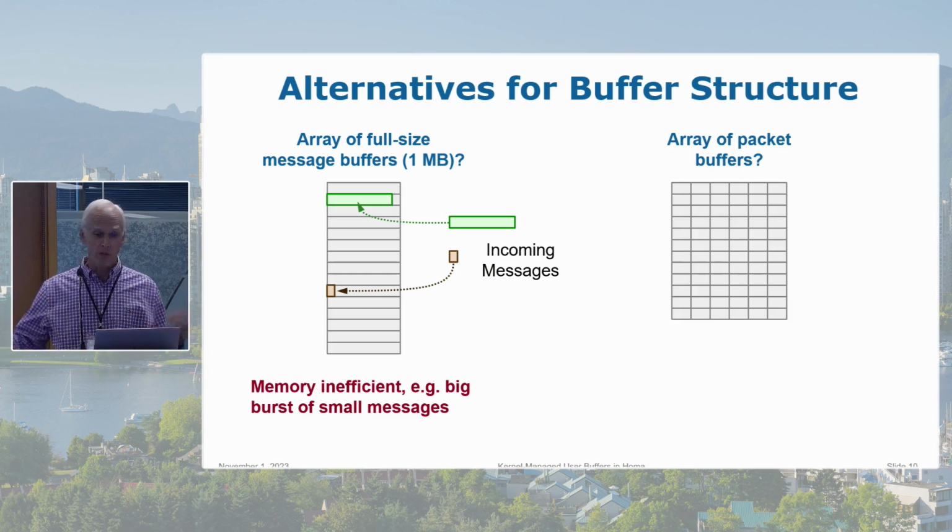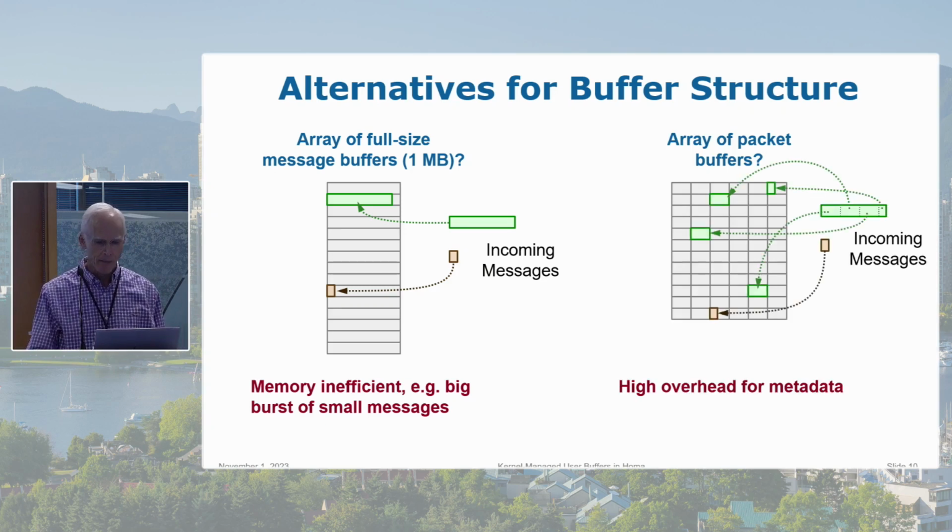At the other extreme, we could do packet buffers. The buffer area is simply an array of packet buffers. And then when messages arrive, the transport spreads them out among various packet buffers. It takes several buffers here for the green message, and the brown message is small, so it fits in one buffer. We could do that, but the problem is packet buffers aren't very large.